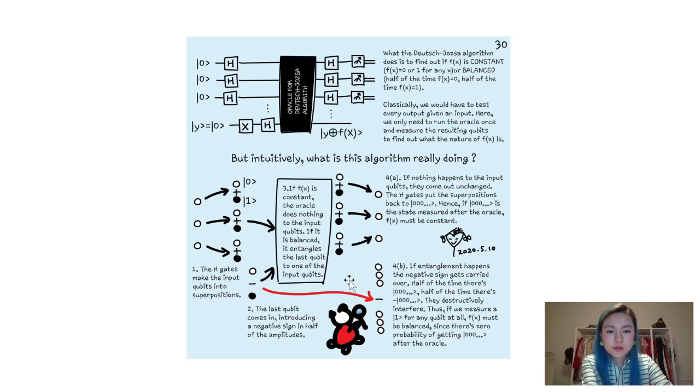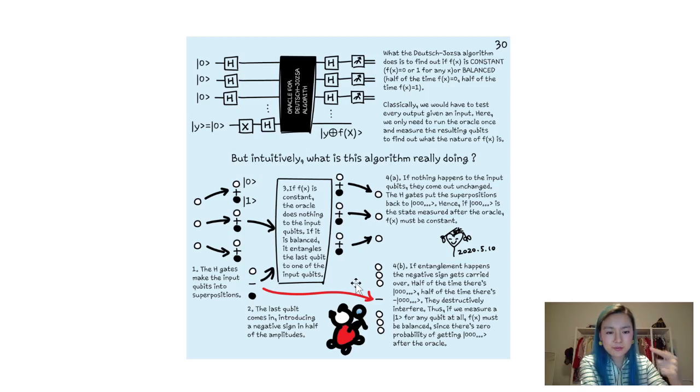So this entanglement allows you to carry this negative sign over to your output of the oracle. And it turns out that because of this negative sign brought by this last qubit here, half of the time you would have a positive amplitude for all of the states being 0, but half of the time it will have a negative amplitude.